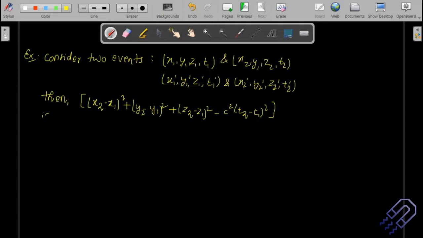Okay, maybe I can write down, I complete the question: is the interval, because you are taking out the difference between x2, x1, y2, y1, z2, z1, is the interval between the events invariant under Lorentz transformation.